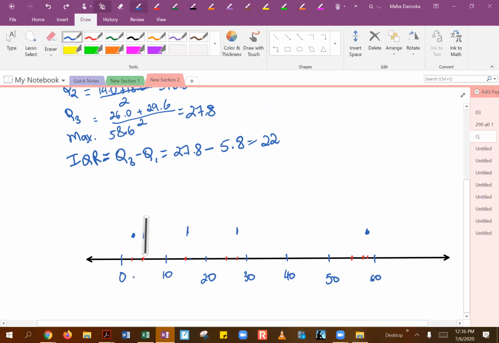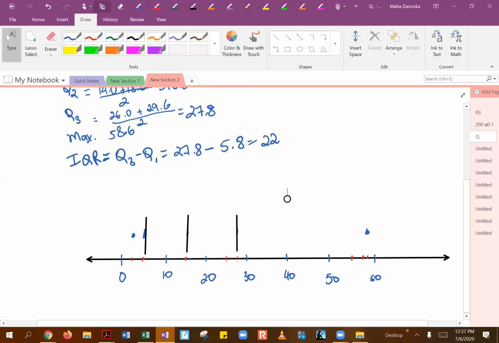The vertical line over there, I'll do another vertical line here, and a vertical line here.